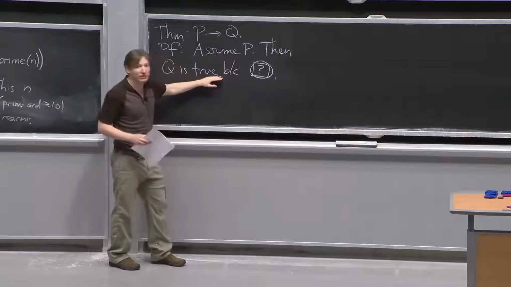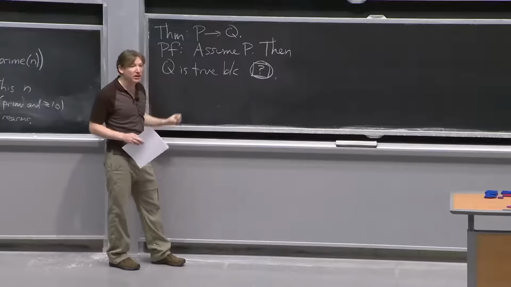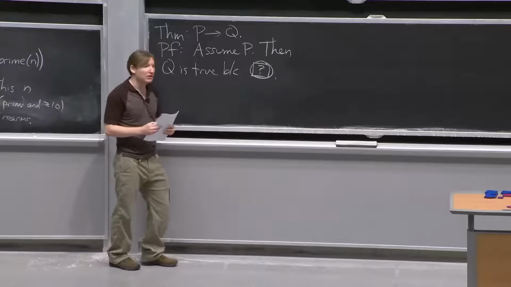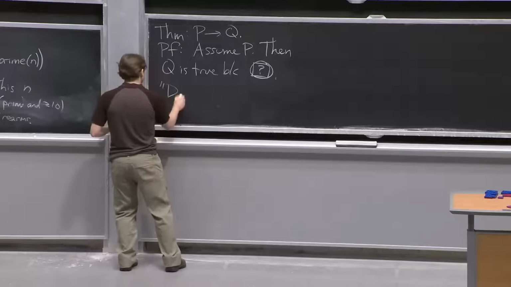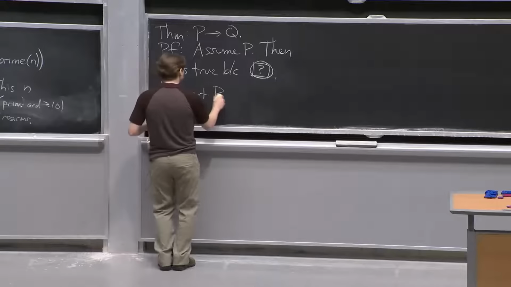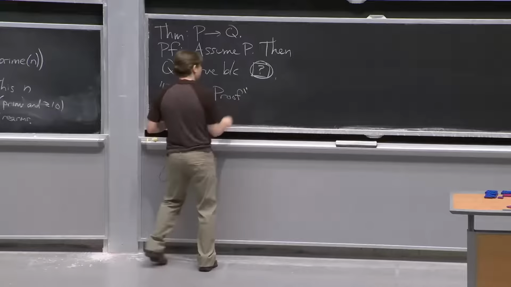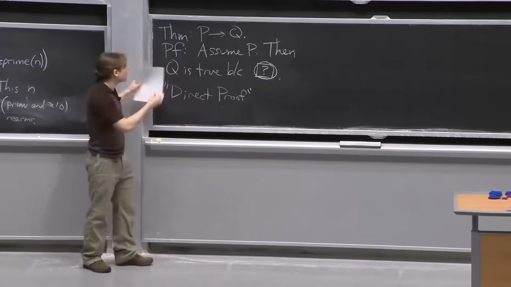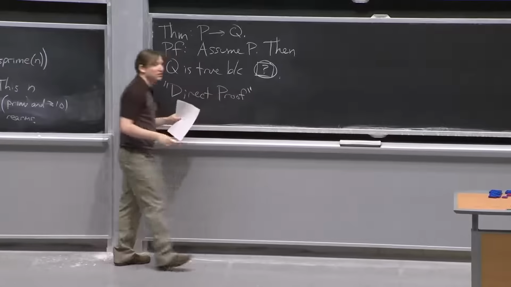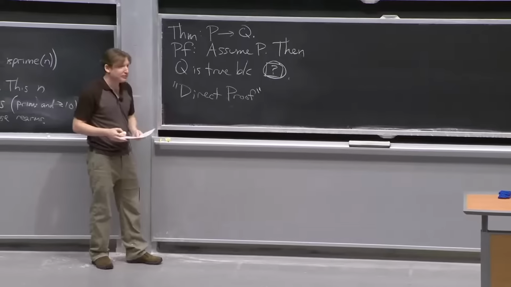Assume P, use that to show Q. Whenever we're trying to prove an implication, this is a common way to do it. This is called a direct proof. We're going to see indirect proofs a bit later.